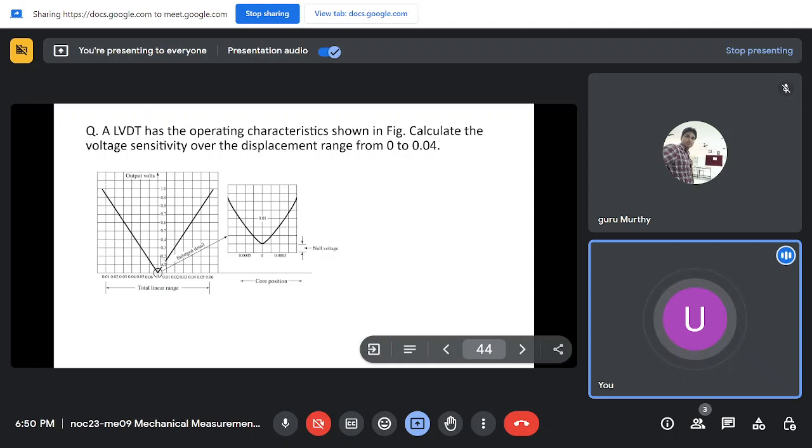Here in the figure you can see on the y-axis you have the output voltage, and the x-axis is the displacement.